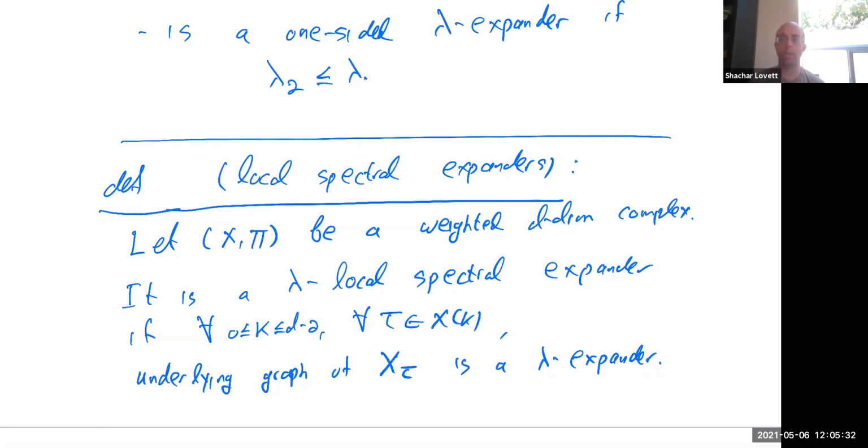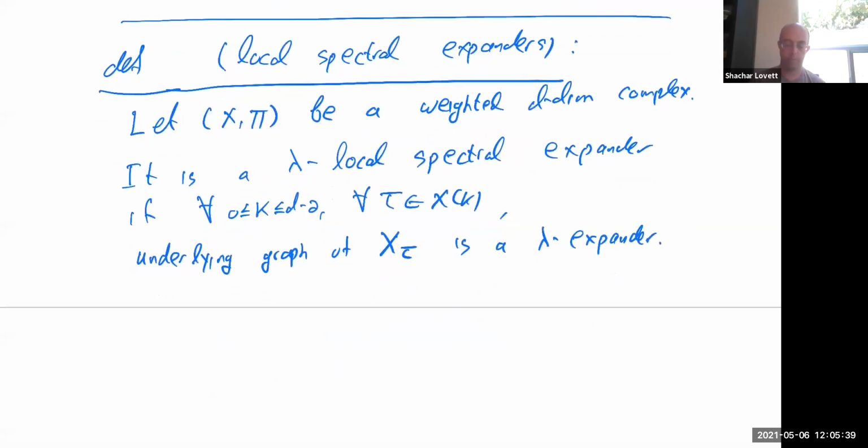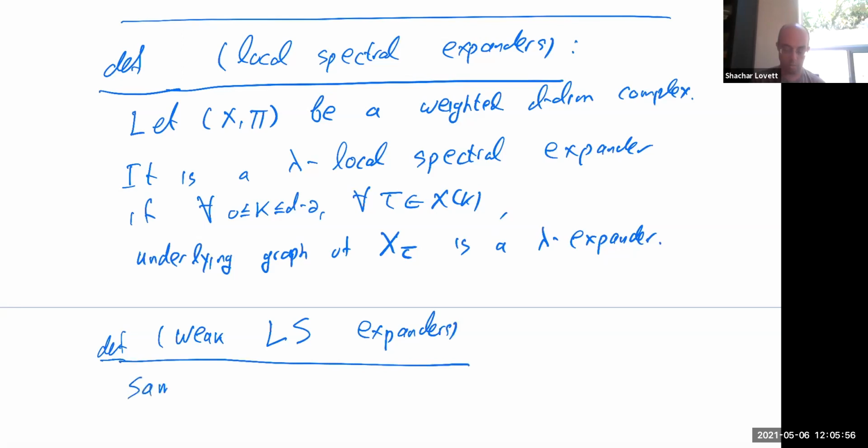So this you can think of as a type of global definition. Turns out you can ask for a weaker notion. Let's call them weak local spectral expanders, which is going to be the same, but just for level d minus 2.